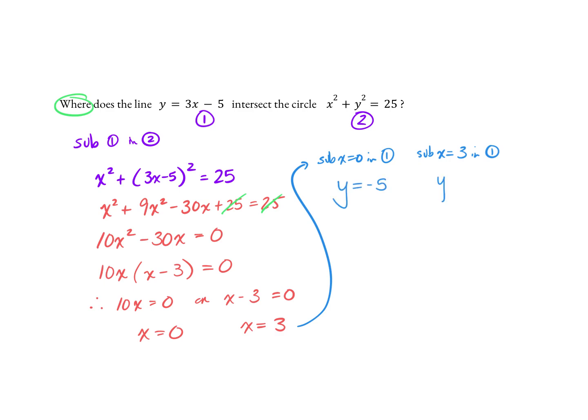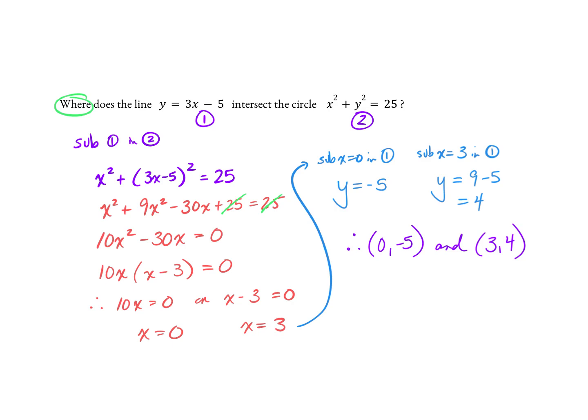Sub x equals 3 back in, and I'm going to get 9 minus 5. There's my 4. So I've actually answered this question. At x equals 0, negative 5 is one point of intersection, and at 3, 4. Okay, I like that structure for a solution. I think it really helps.